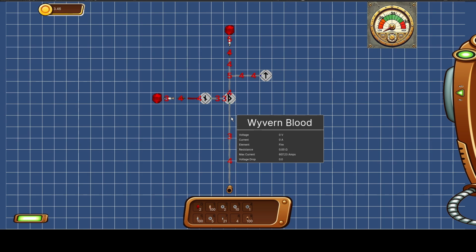That's what's giving this max current, that 607 amps. Now, like I said, is that true for a wire of this size? I wouldn't be too surprised. That is a decently sized wire, all things considered. I don't know what gauge that would be. I should probably look it up.